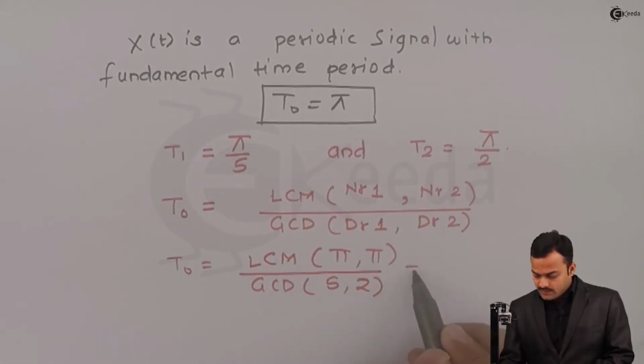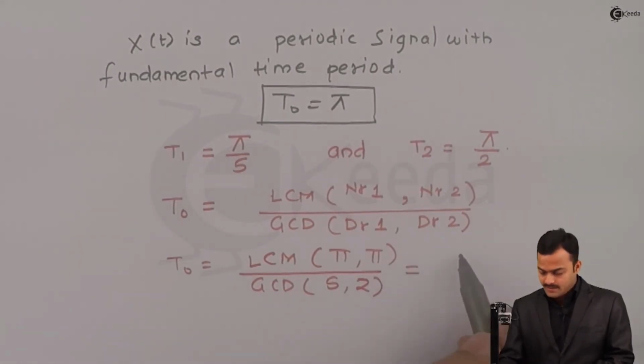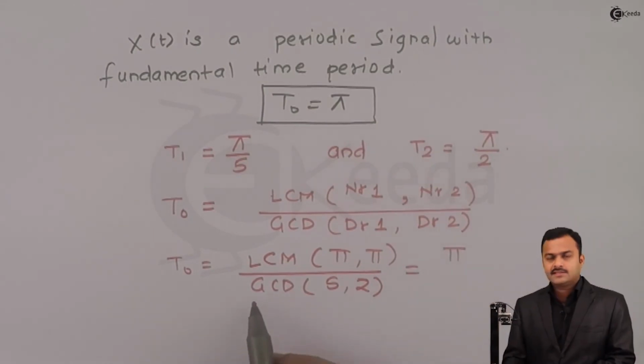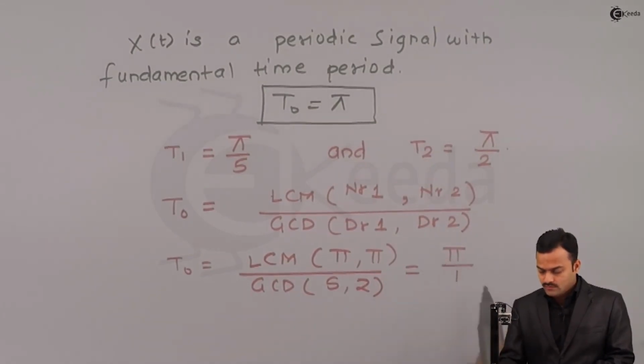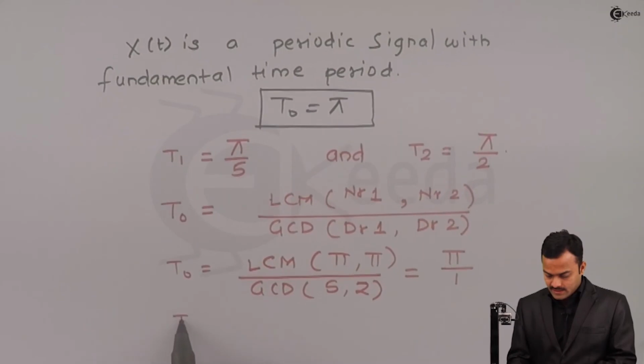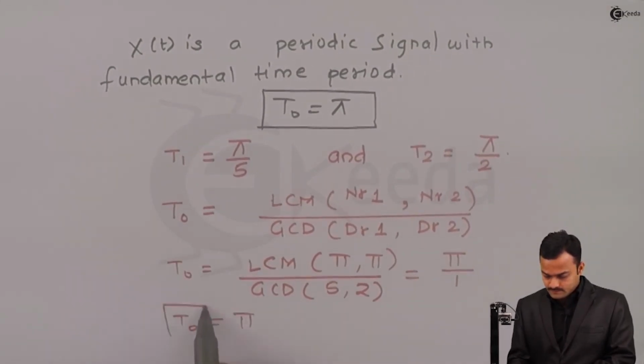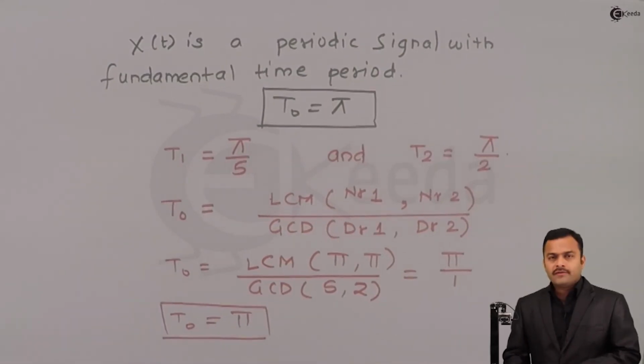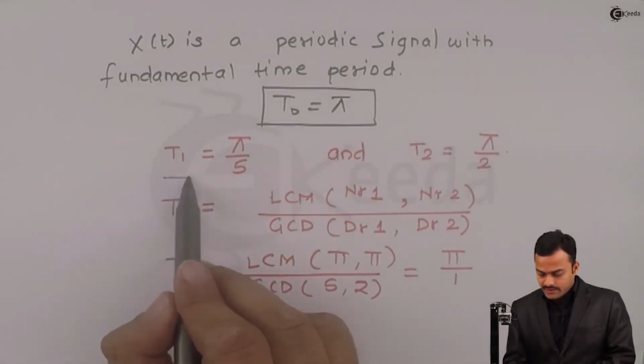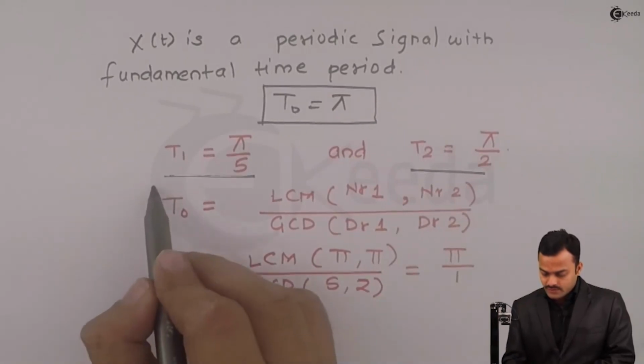So if we solve this, the LCM of pi and pi is nothing but pi, and the GCD of 5 and 2 is 1. So in the end, I can say T0 equal to pi. So if time periods are not integers, we can use this formula.